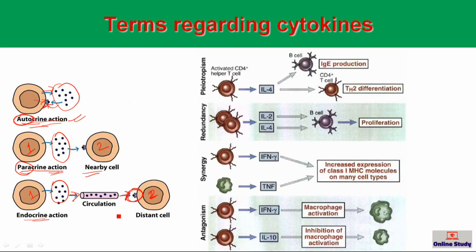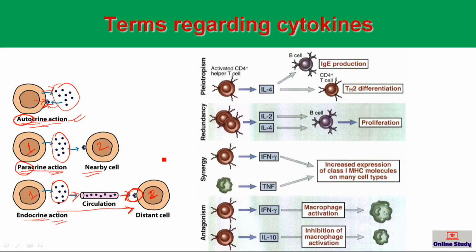This fashion of action is very similar to the hormonal action, because hormones also act this way: they are produced from one part of the body and act on cells in another part of the body. So this type of action is called the endocrine action.